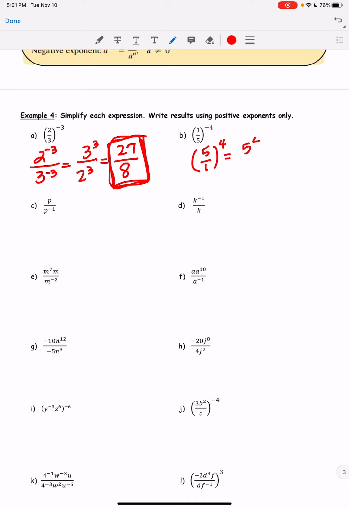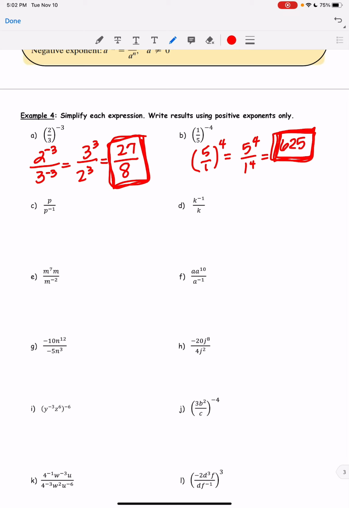So that becomes 5 to the 4th over 1 to the 4th. 5 to the 4th, I think is 325 or 625. Okay. 625. And then 1 to the 4th is 1. Okay, so you can do that either way there.